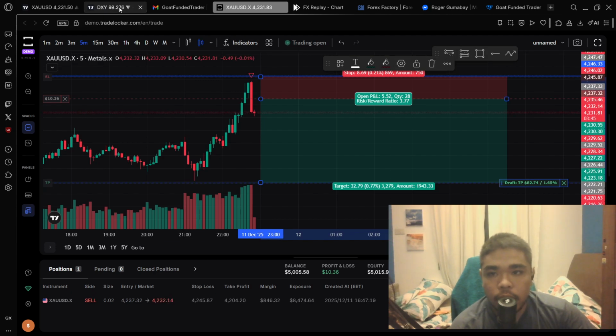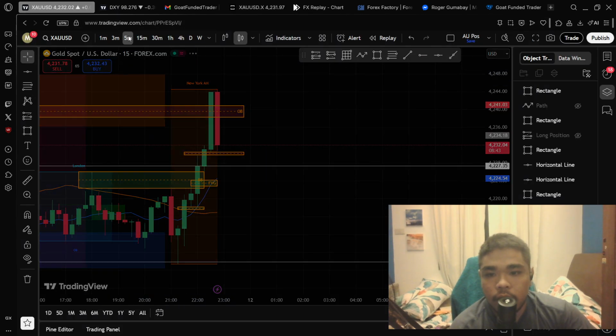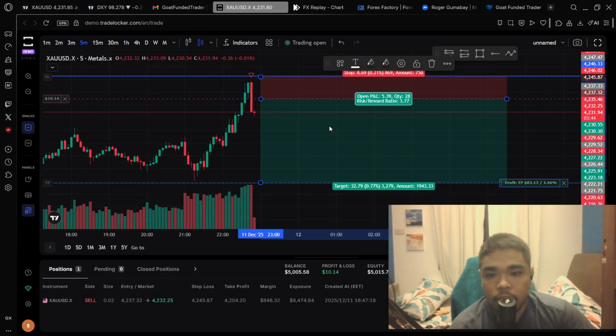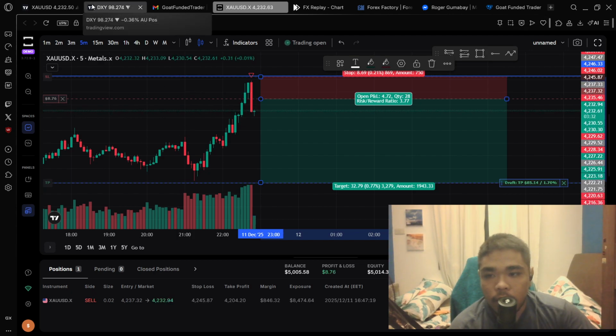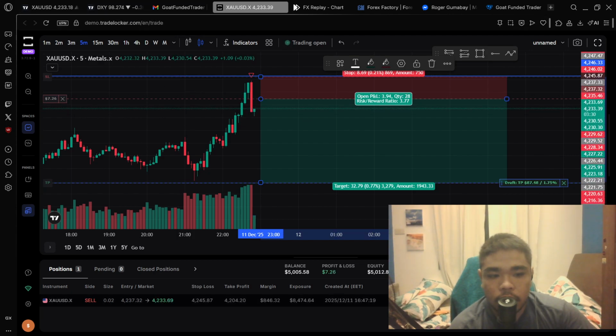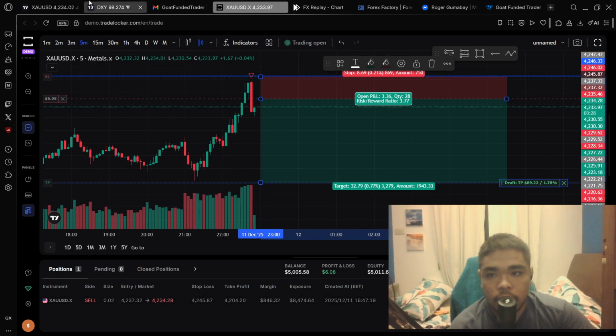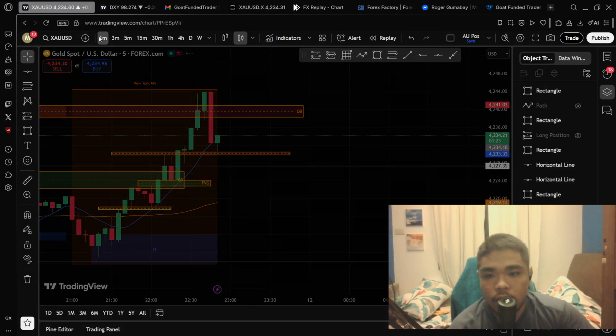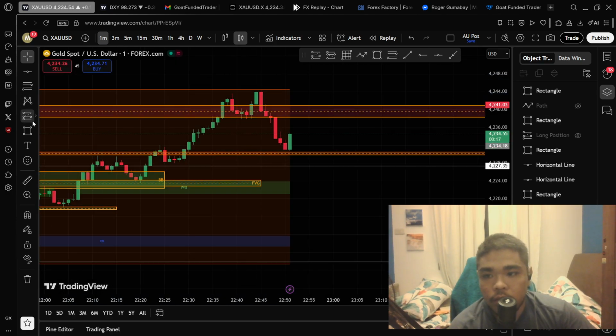We could, to be honest, look for the 1:1 and set up those levels. This is the position that we took, shorted from this level right here.